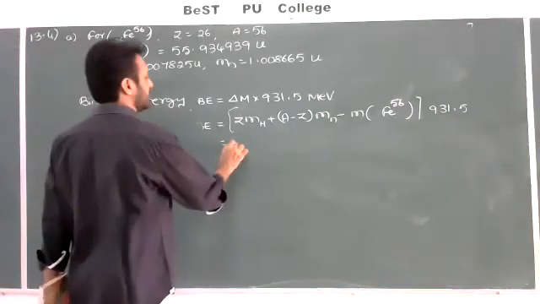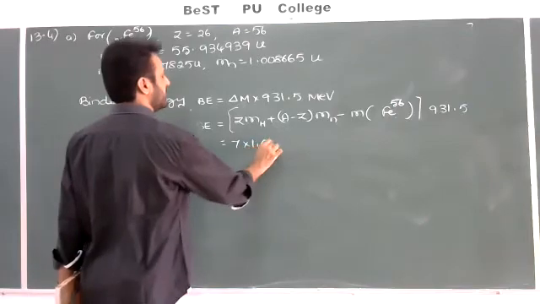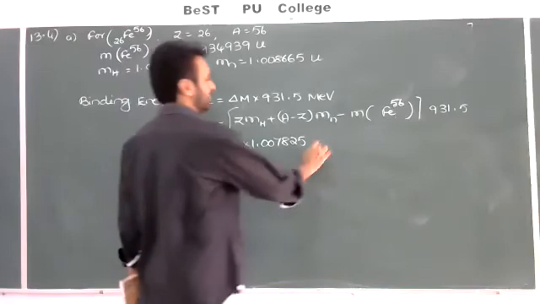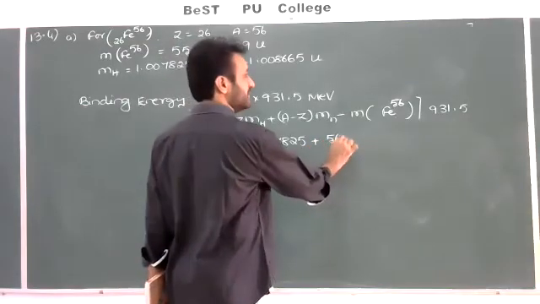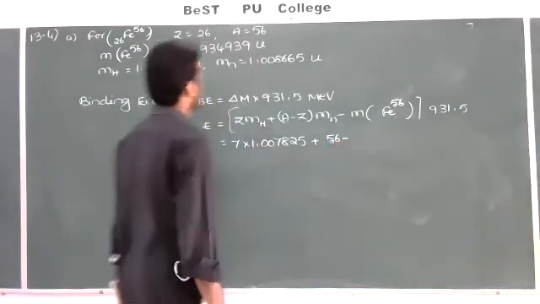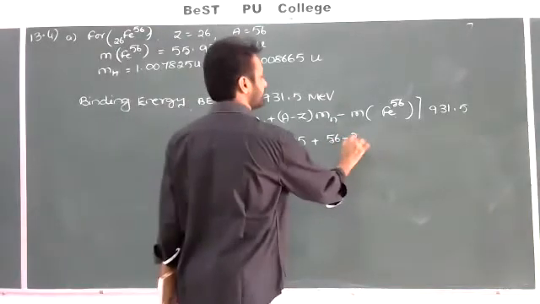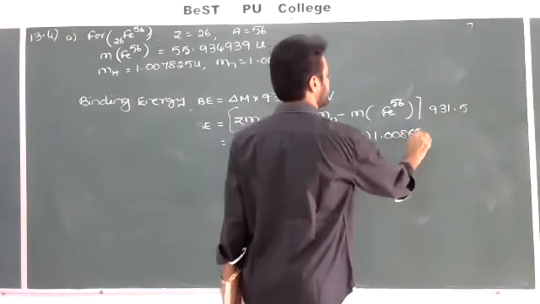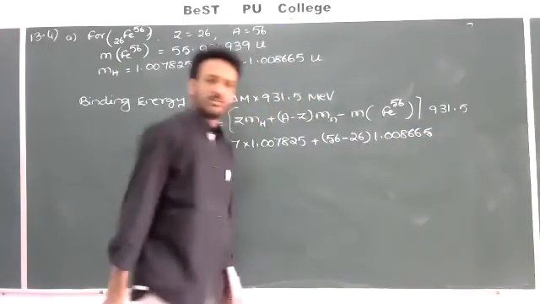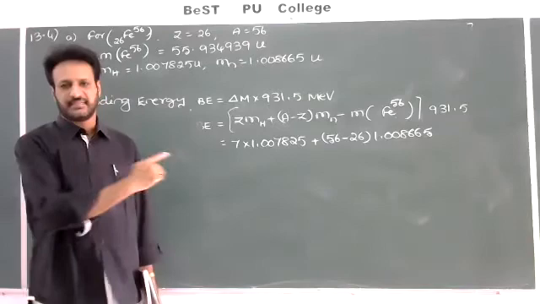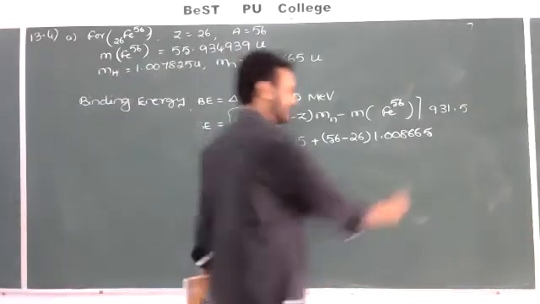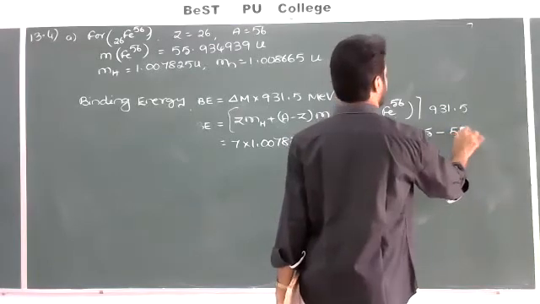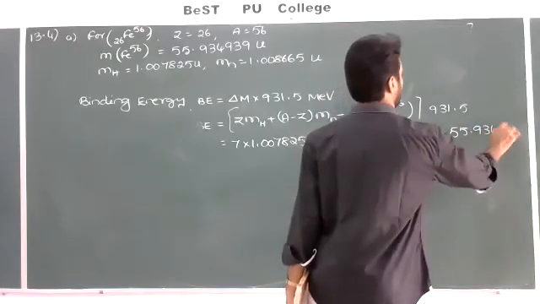That is atomic number 7 into 1.007825 plus A minus Z, meaning 56 minus 26, into 1.008665, that is the mass of the neutron, minus the mass of iron, that is 55.934939.